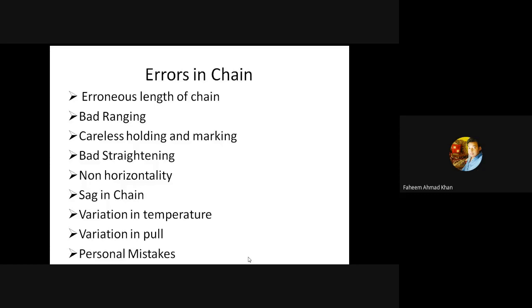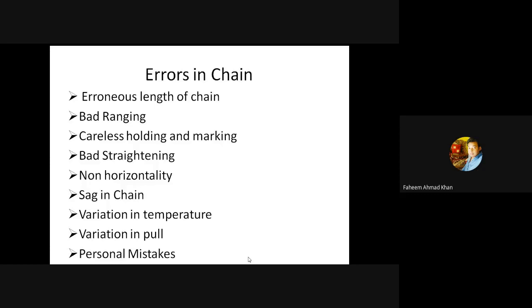The measured distance is therefore too great and the error is cumulative and positive. So a sag should be avoided in the chain. A proper thrust or force should be applied to avoid this sag.